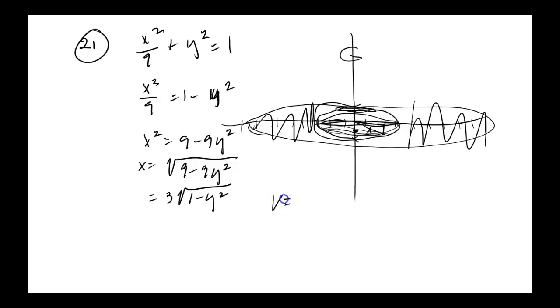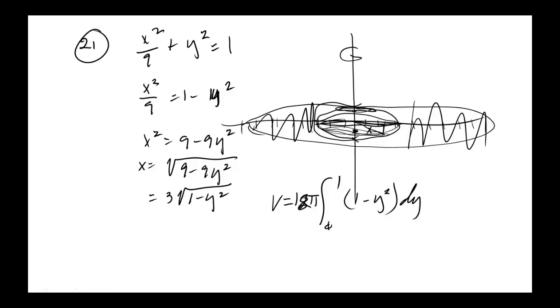The volume is equal to twice the integral from 0 to 1, that's where y is going. dy is the thickness of that slab. The area of the slab is pi r squared, so we can put our pi out here. Our r is our x, and when you square that, you get 9, so that makes this 18 out here times 1 minus y squared.